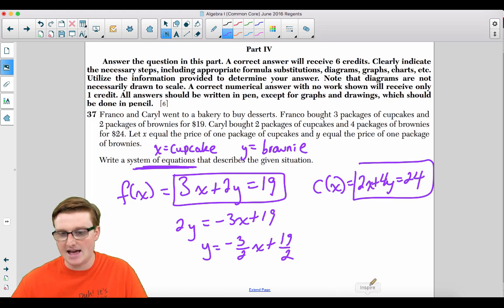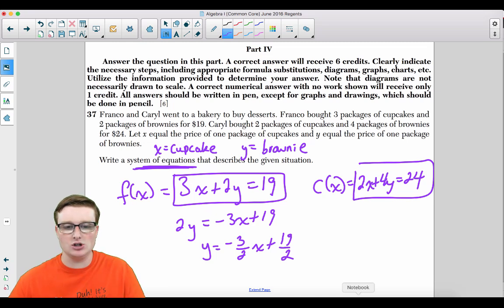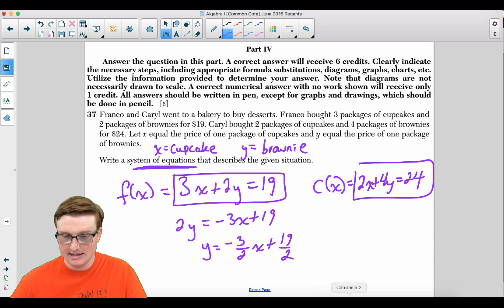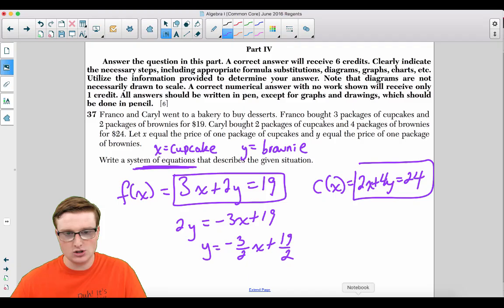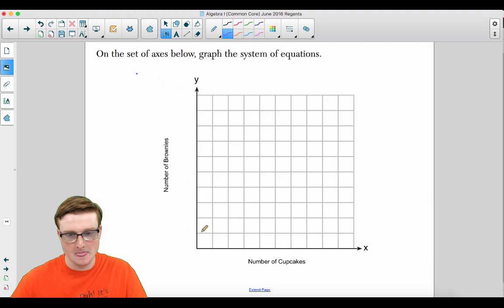Well, 19 halves is in the middle of the axes. So 19 halves is equivalent to, give me just 1 second, 19 halves is 9.5. So let's see how many boxes there are. 1, 2, 3, 4, 5, 6, 7, 8, 9, 10. So this obviously is going to be 9.5 right there. All right, and we're going to go down 3 boxes to the right 2.